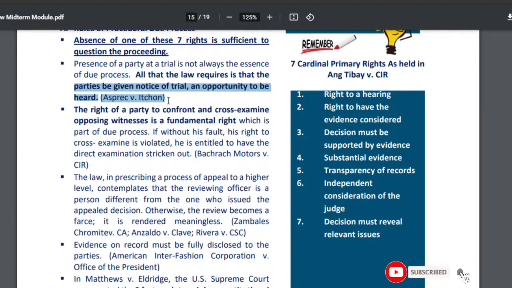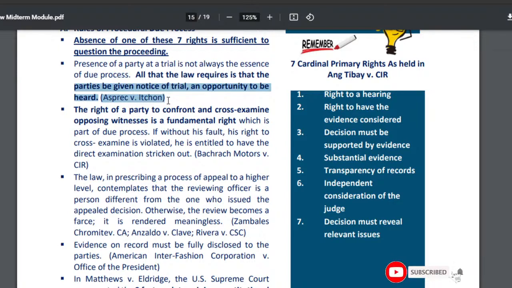As long as you were given that right, that's already fundamental right. Okay, fundamental right to confront. You don't need to face as in personal, talk face-to-face with or make a face-to-face confrontation with the complainant.